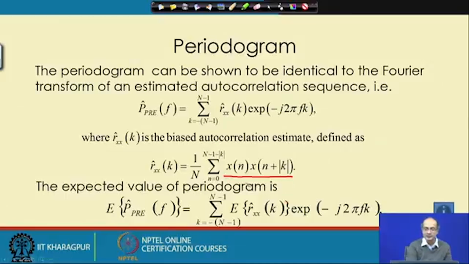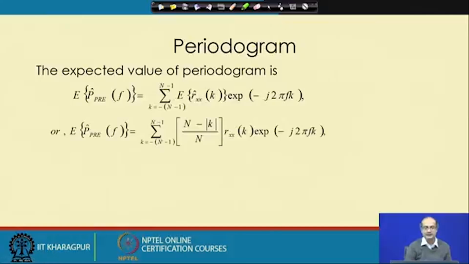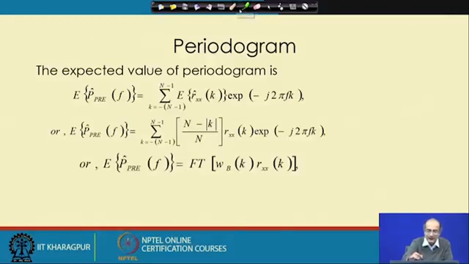Now, how many times that will be repeated, we get by this term. Taking them together, we get this expression, which would be maximum at the 0th lag, and it will get tapered down as the value of k increases.